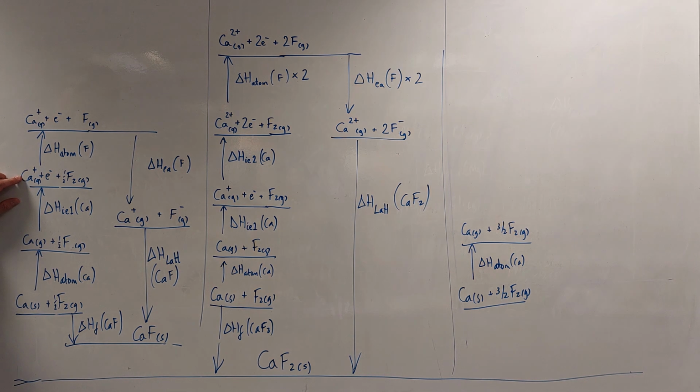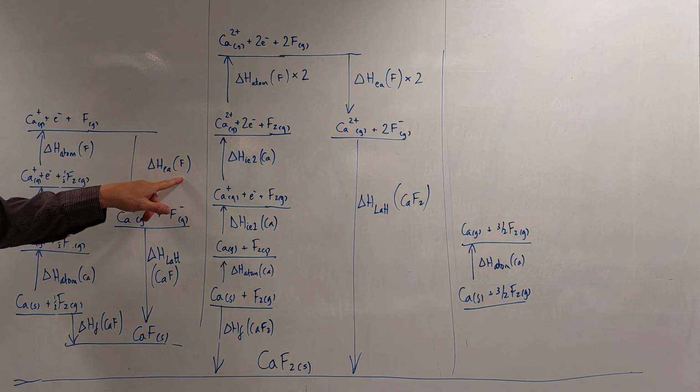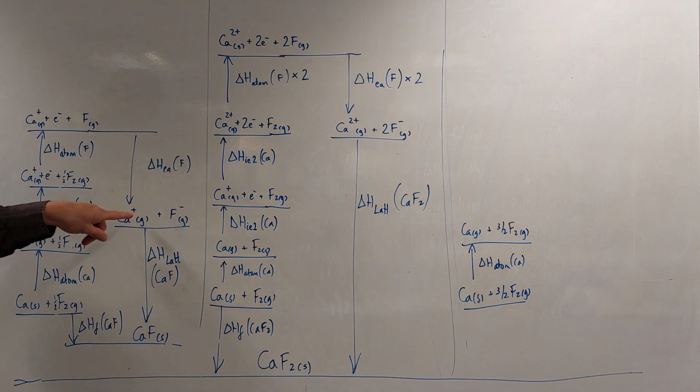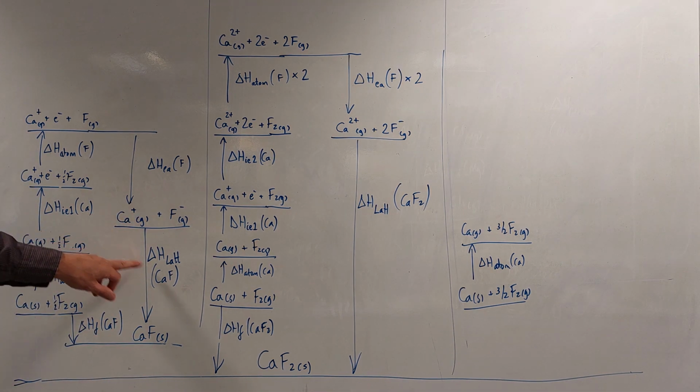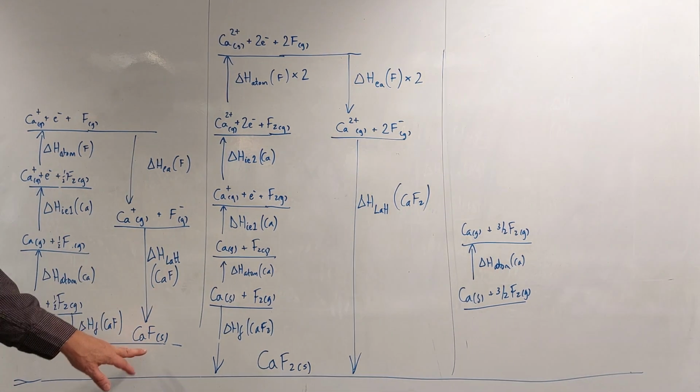We're still making a fluorine gas atom, so atomization of fluorine, although we only need 1 mole this time, and then we only need 1 mole of the electron affinity to make 1 mole of F- ions, and now we'd have the lattice formation enthalpy of calcium fluoride.